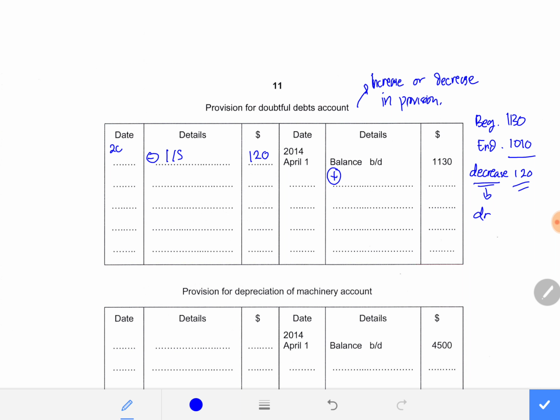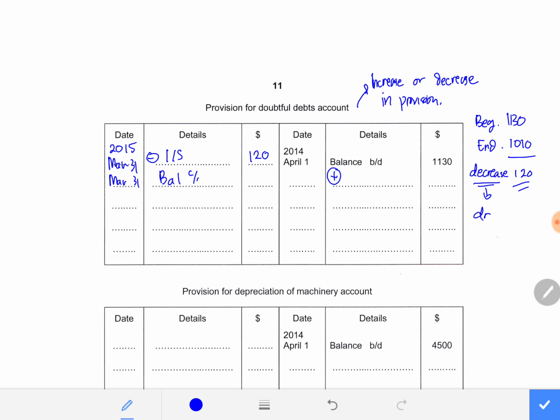Date at the end of the accounting period of 2015, March 31. And then last one, you have to calculate balance CD.